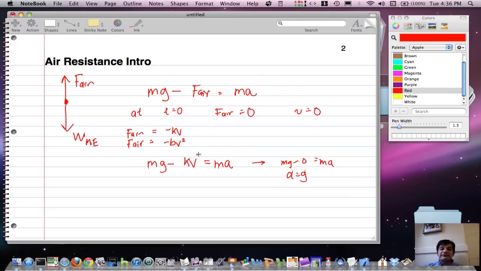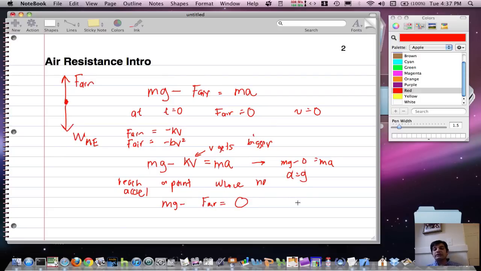What happens as we fall is that this v gets bigger and bigger and bigger. Eventually we reach a point where we stop accelerating. Then we have mg minus the air resistance, and the net effect is 0.